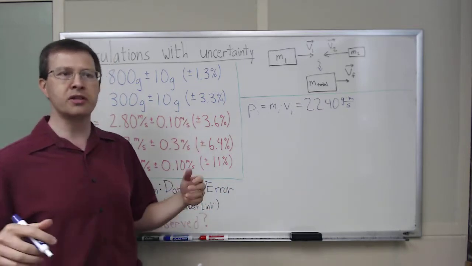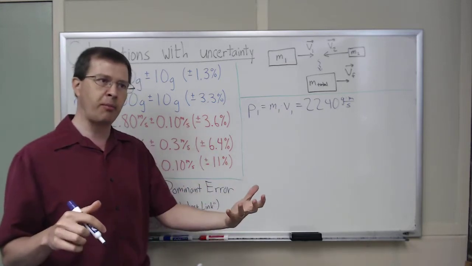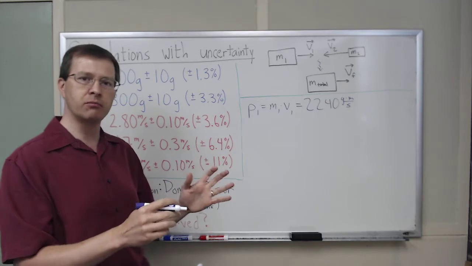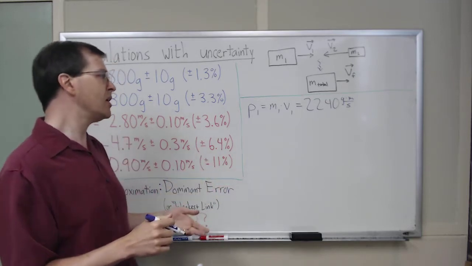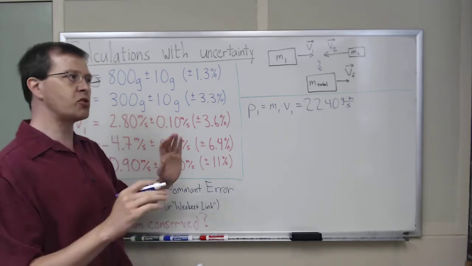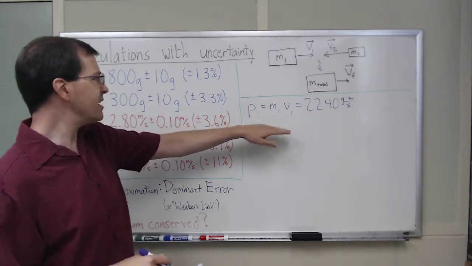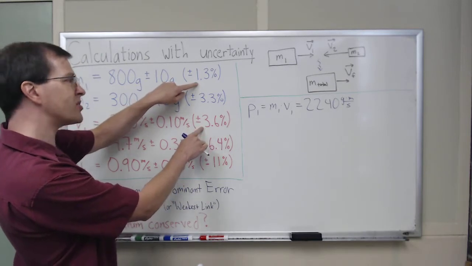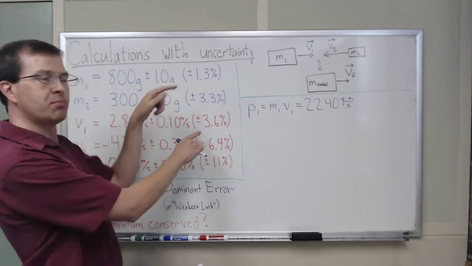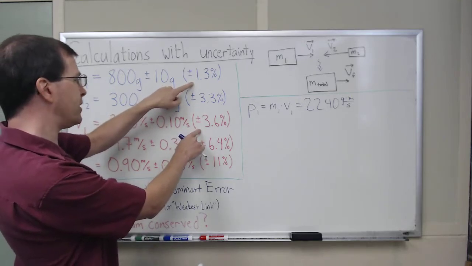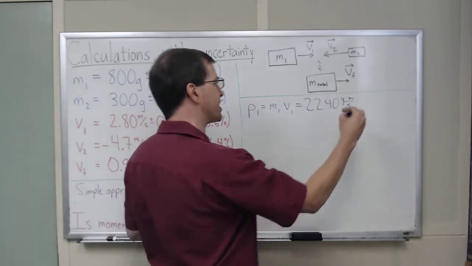You could use a more complicated professional error propagation like adding uncertainties in quadrature, which would be a much more precise way of doing it. We're going to use the dominant error rule just to keep things simple for now, but the process will be the same throughout. So it's a product. The dominant error rule says I compare these two relative uncertainties, and I just keep the bigger of the two. So my uncertainty in the product m1 times v1 is going to be plus or minus 3.6%.